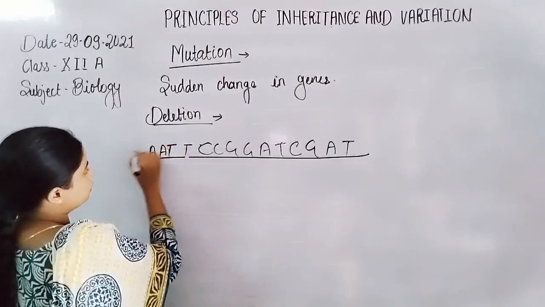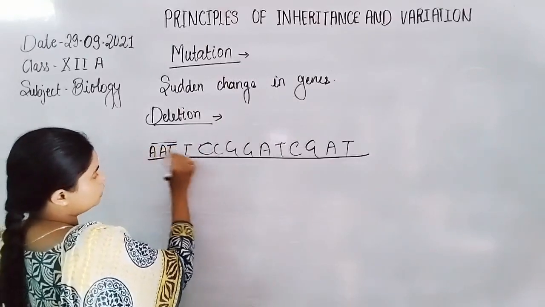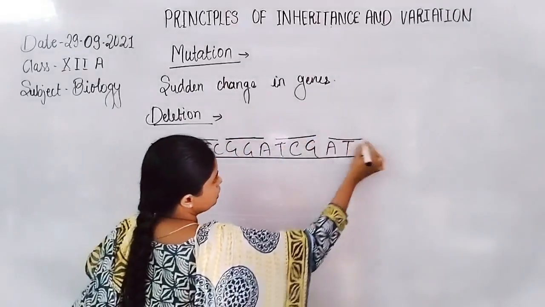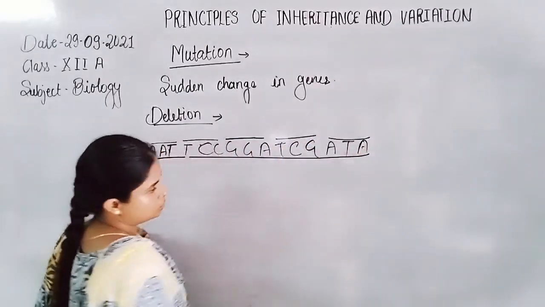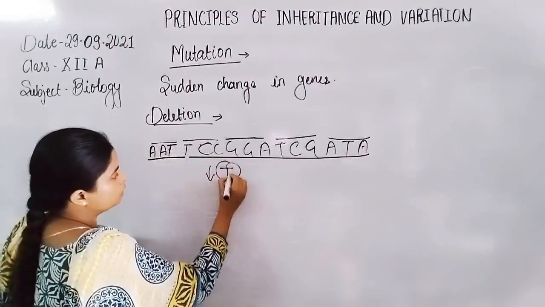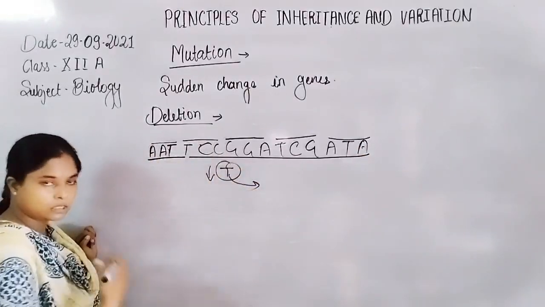Previously the sequence was in the form of triplet codons GAA, TCG, AT, just as an example. Now if the deletion takes place, or T becomes deleted from the genetic sequence anyhow.